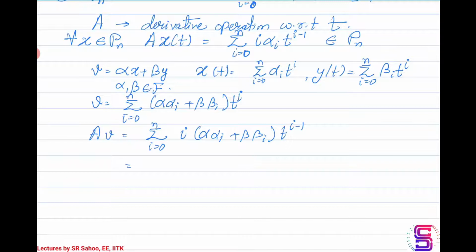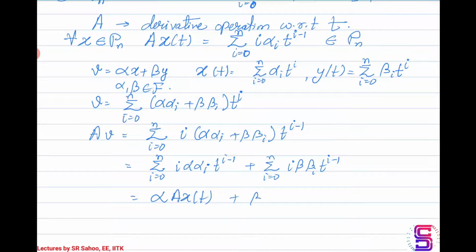And this I can also express as the sum from i equal to 0 to n of i alpha_i t to the power i minus 1, plus the sum from i equal to 0 to n of i beta_i t to the power i minus 1. This is nothing but alpha Ax of t plus beta Ay of t.